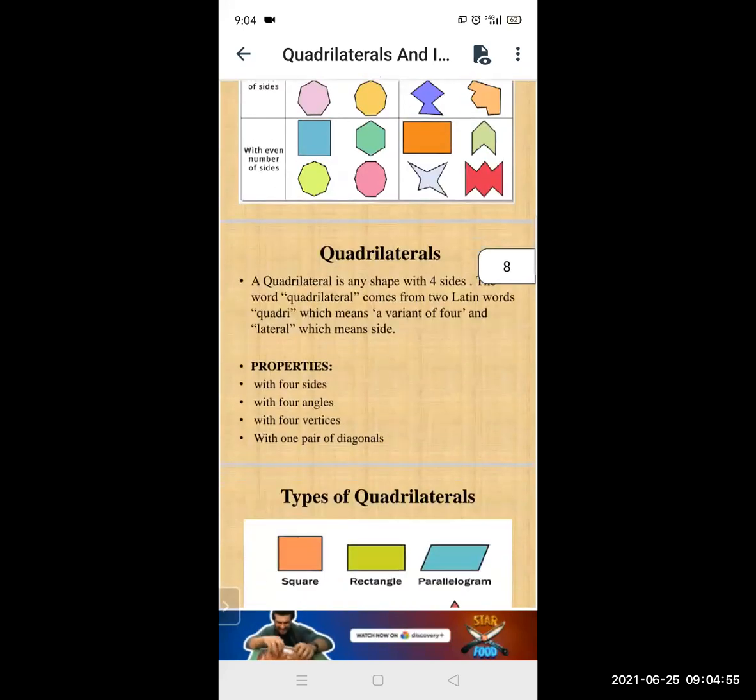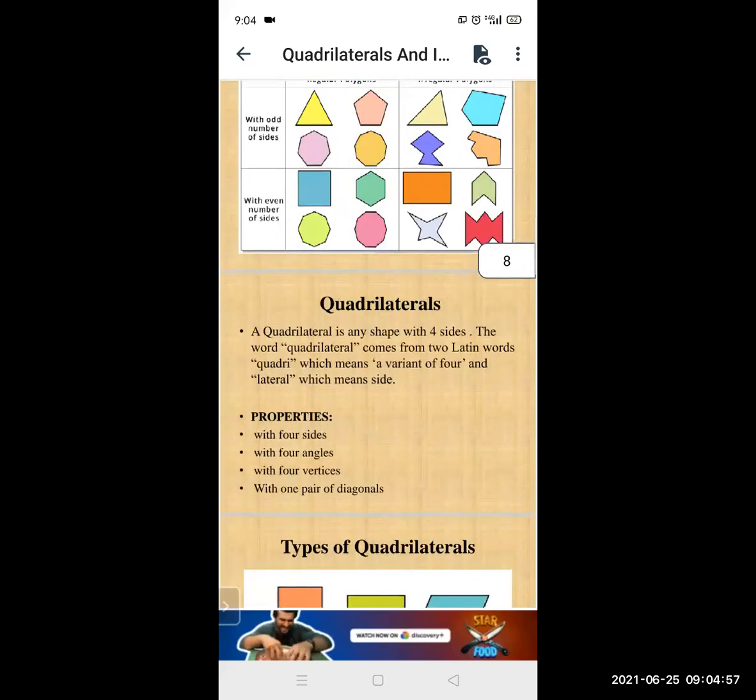Now let us come to our point, and that is the quadrilateral. What do you mean by a quadrilateral? A quadrilateral is any shape with 4 sides. The word quadrilateral comes from Latin: quadri means a variant of 4, and lateral means sides.